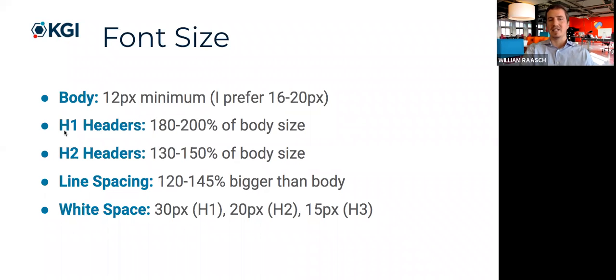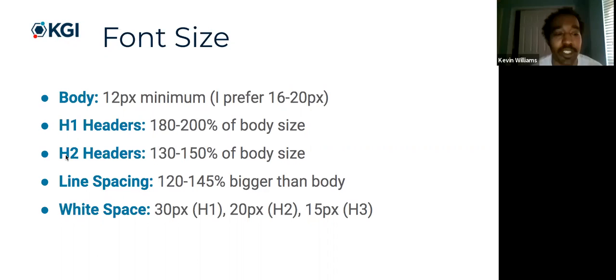And then there's this concept of H1, H2 headers. You went over that in your Codecademy training. Anyone want to talk about the difference between an H1 versus H2 header? Yeah, Kevin. You're on mute. Isn't it, don't they sort it by size?